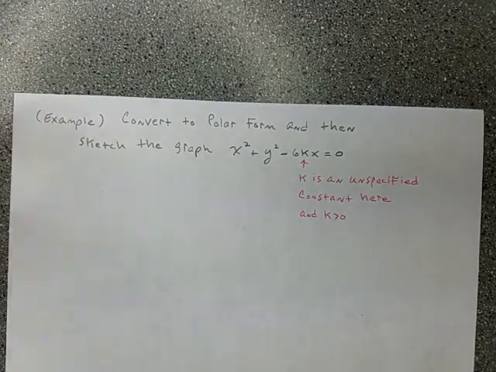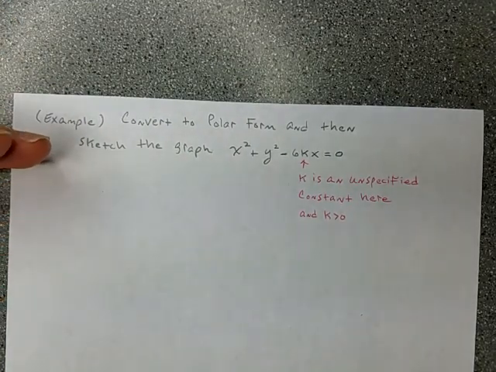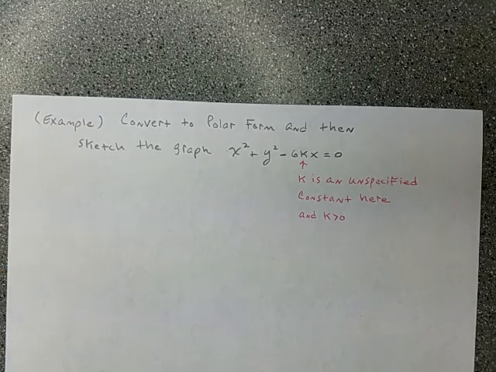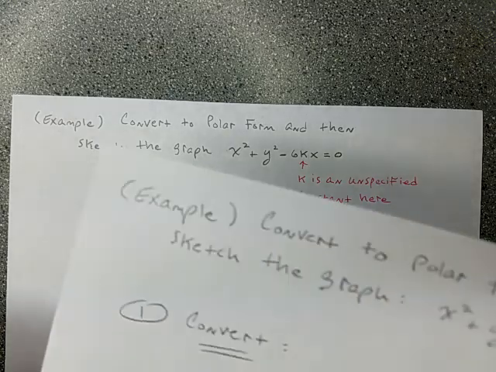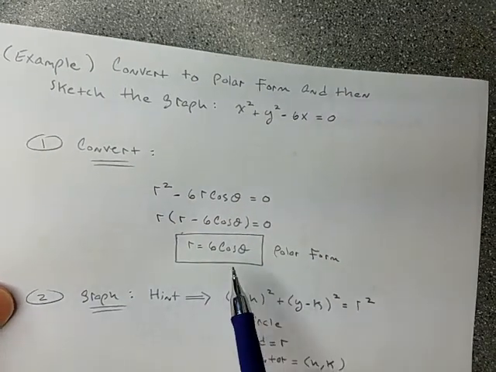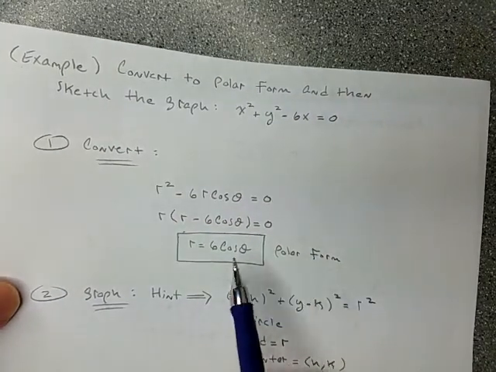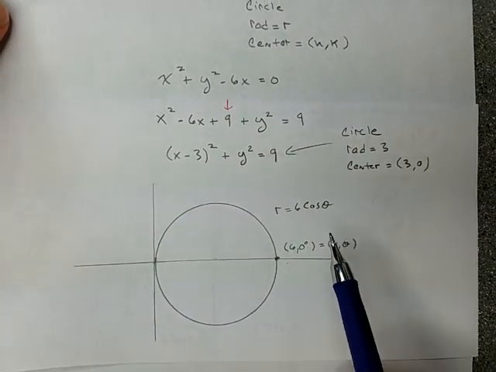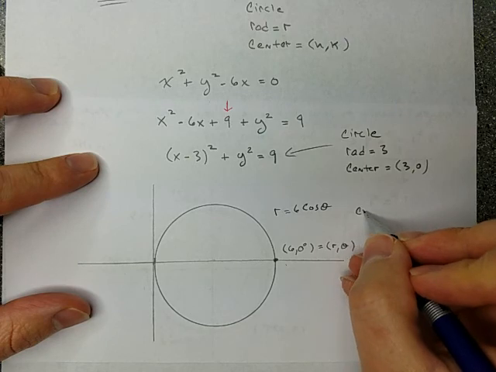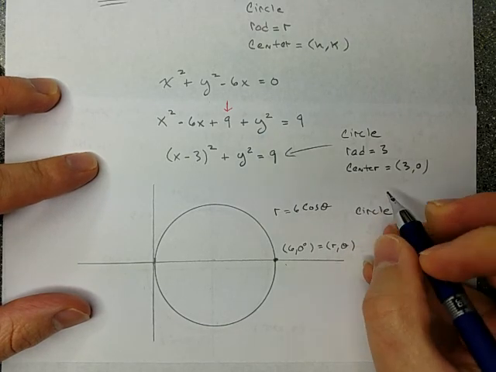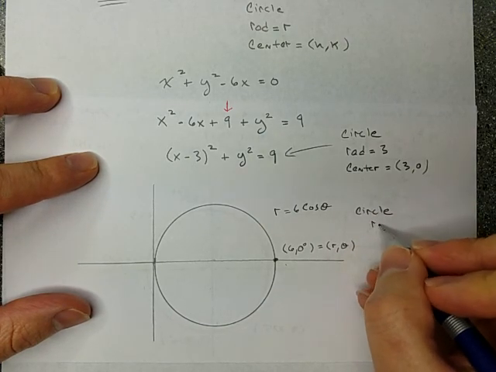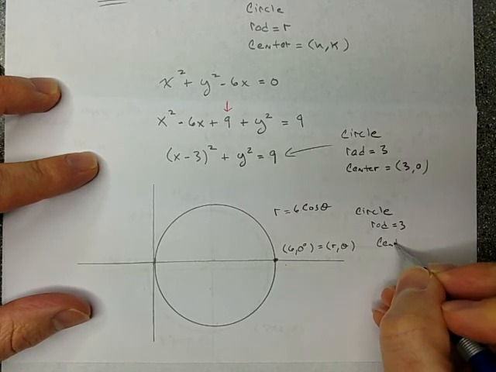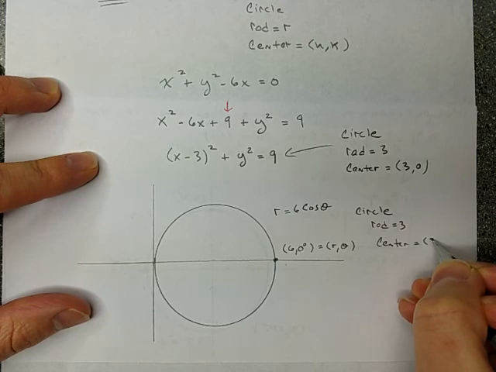All right, so that's two things then: the polar form and then the graph. In the last video I did, we found that the polar equation r is 6 cosine theta happens to be a circle that has a radius of 3 and a center at 3 and 0.